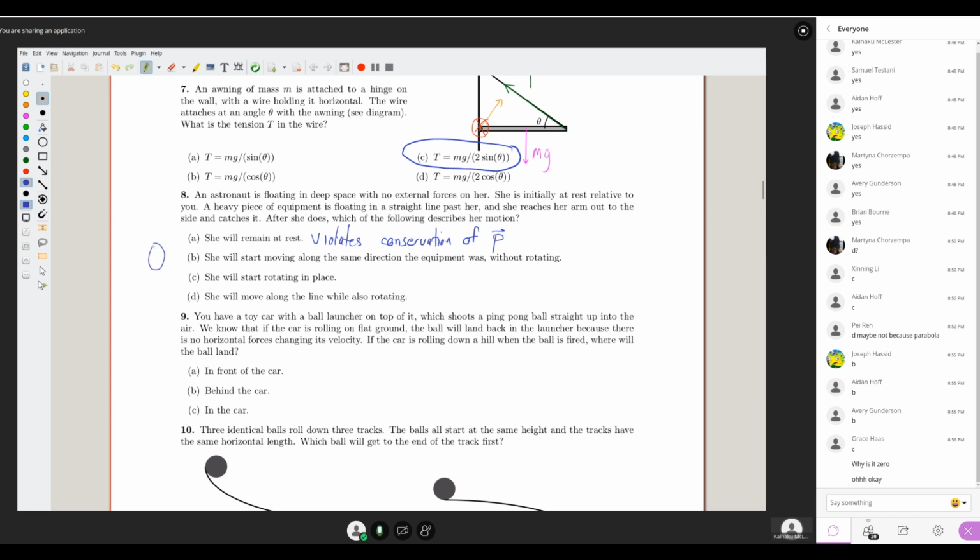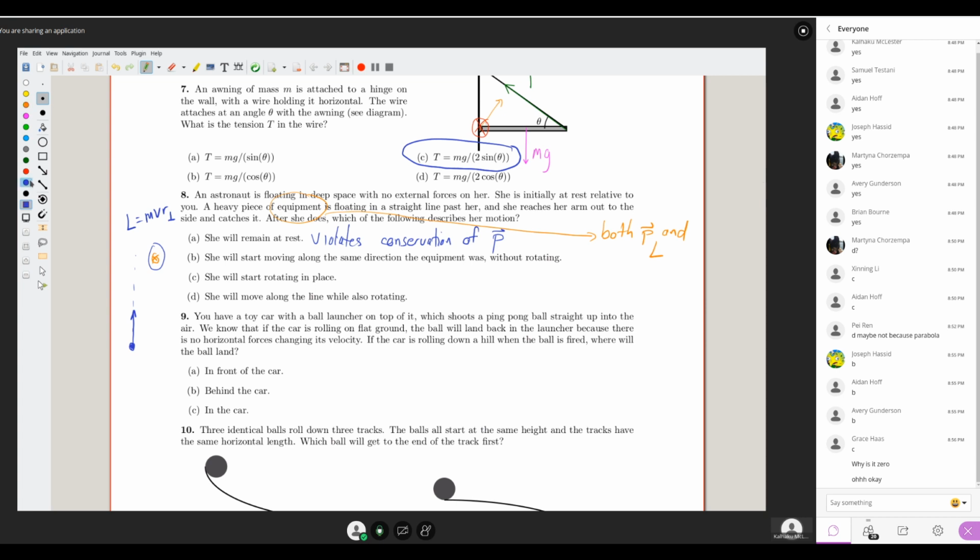Remember that if I have an object that can rotate, something moving past it has an angular momentum mv/r perpendicular. So the insight here is that this piece of equipment has both ordinary momentum and angular momentum if you're looking at angular momentum around the center of the astronaut.